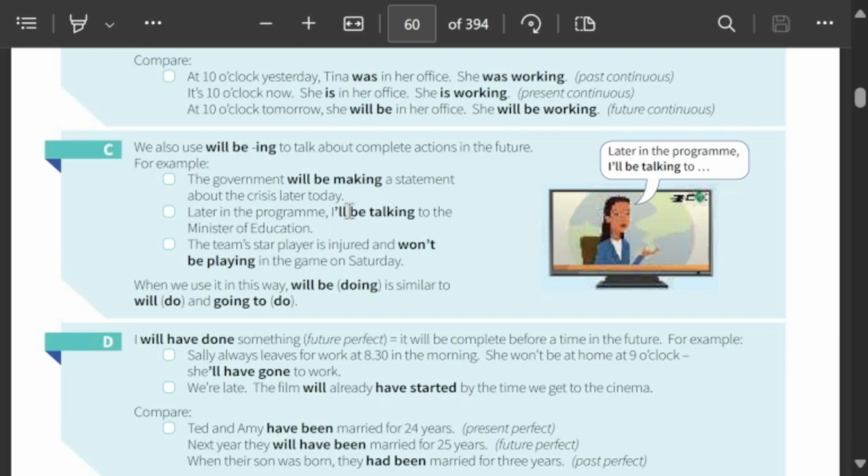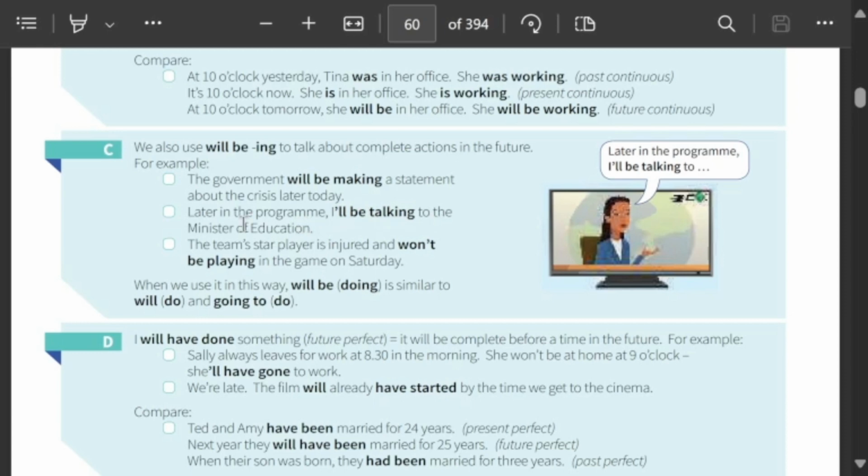You can use the future or you can use the present continuous, keeping in mind some of the rules. Okay? Next one, for example, later in the program, I will be talking to the Minister of Education. Or we could say, later in the program, I'll talk to the Minister of Education. Future simple, right?